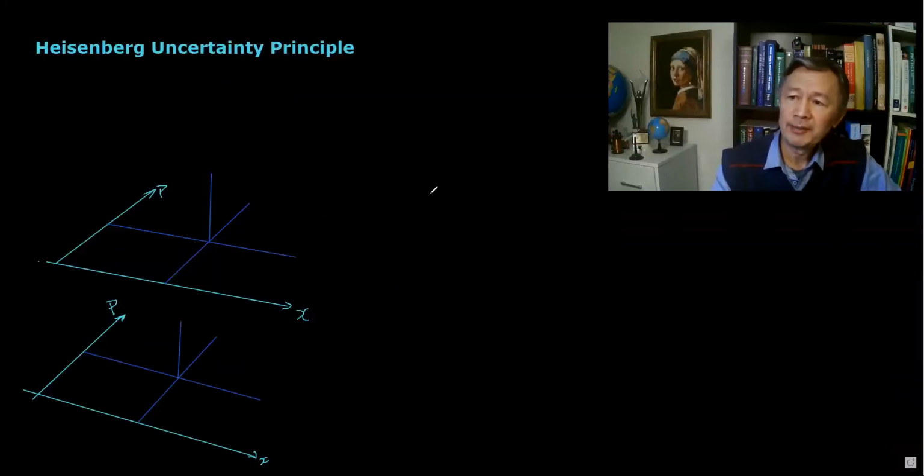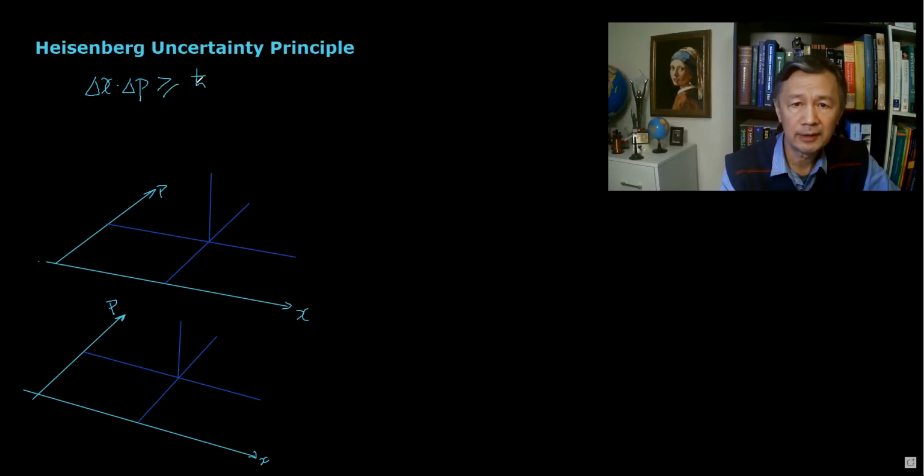No, actually it's not. So to understand the Heisenberg uncertainty principle, we have to use both graphical and algebraic descriptions to explain what it really means. Now, mathematically, the Heisenberg uncertainty principle can be written as delta x multiplied by delta p larger than or equal to a positive constant.